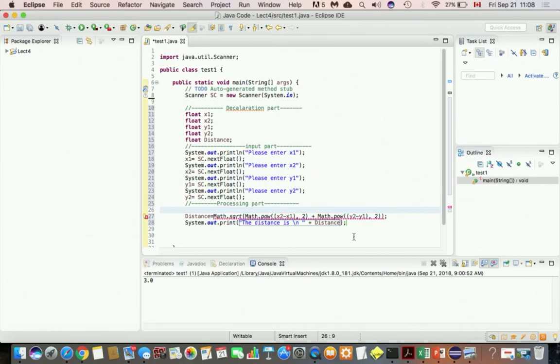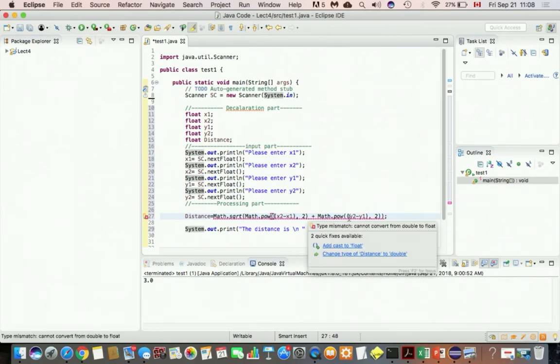Okay? So now, it seems there's a problem here at the equation. So Math.sqrt, how many? Yeah, take a look. There's a problem here. So minus x1. Now, oh, so this one is closed here. Why is this one not closed here?